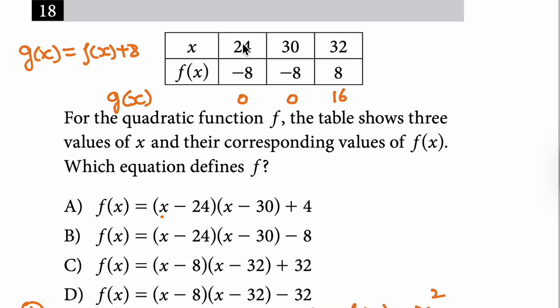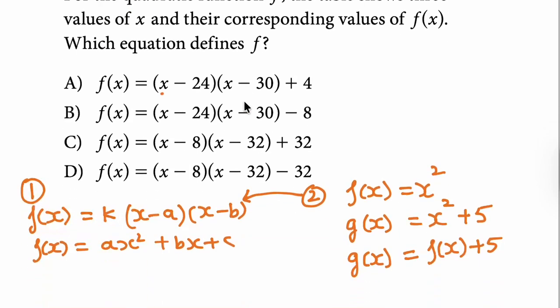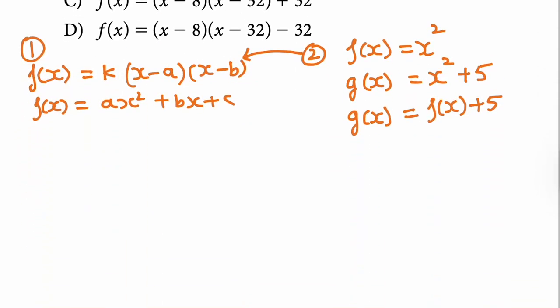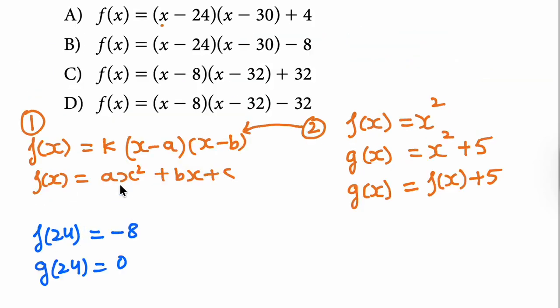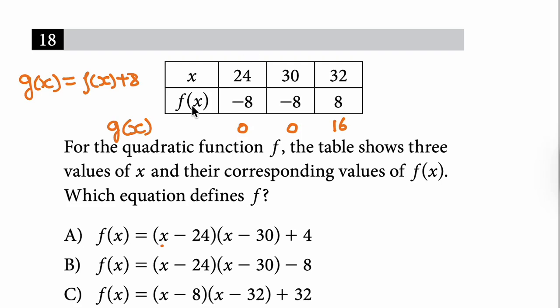So 24, negative 8, 0. If we write it like this, then f of 24 is equal to negative 8 and g of 24 is equal to 0. Similarly, f of 30 is equal to negative 8 and g of 30 is equal to 0.